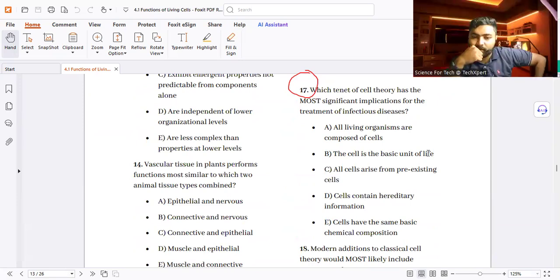Try to do the 17th one. This is not directly from the theories you have learned. This is a combination of theory, and your critical thinking and the combination of theories are required to answer this kind of MCQs.